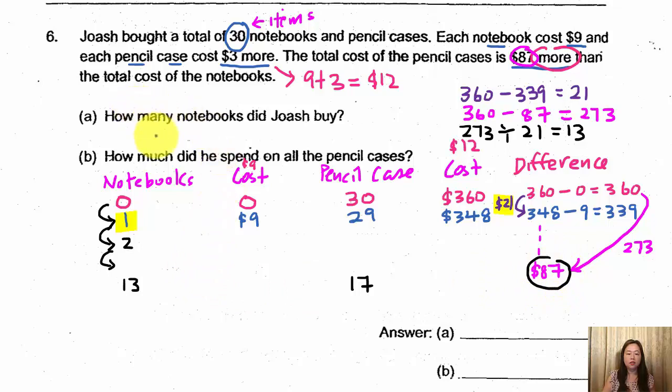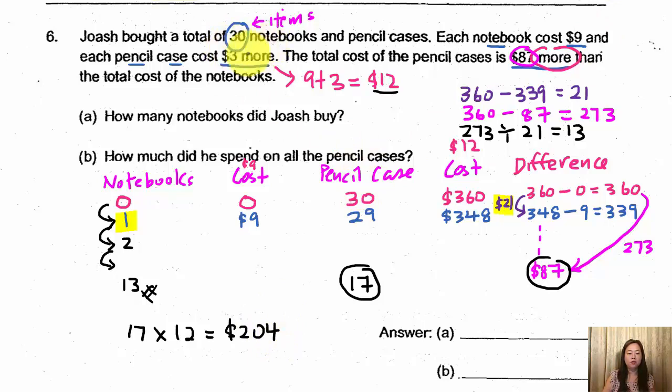So what is the number of notebooks that Josh bought? It will be 13. And how much did he spend on all the pencil case? So since Josh bought 17 pencil case, so 17 multiplied by each pencil case is $12. And our answer will be $204.